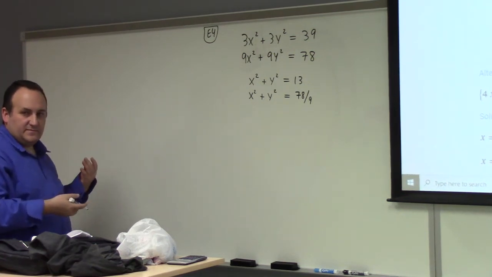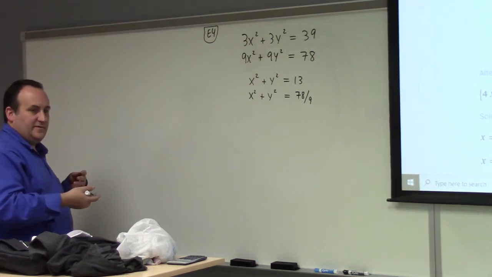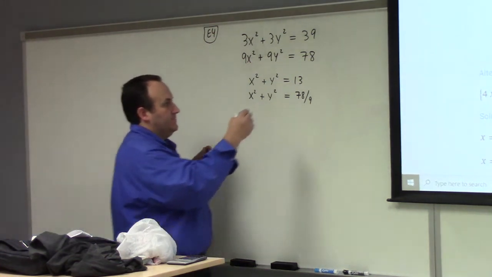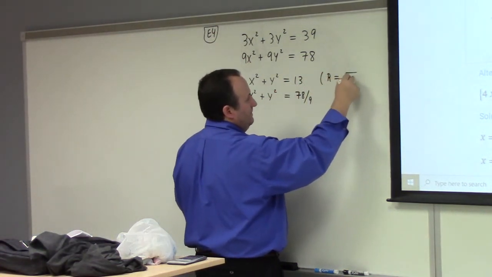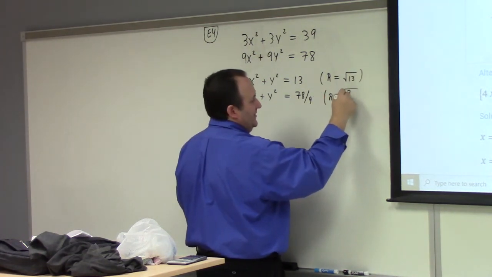Those are circles, centered at the origin. What's the radius? The radius of this one is the square root of 13. The radius of this one is the square root of 78 over 9.